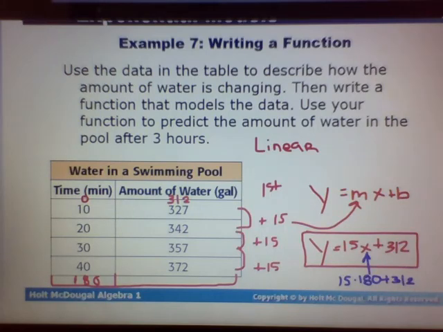So 15 times 180 is 2,700 plus 312 makes 3,012. So there are going to be 3,012 gallons of water in the pool as we're filling it up. Yikes. Okay. So it turns out if you're filling up a pool, your growth is going to be linear.